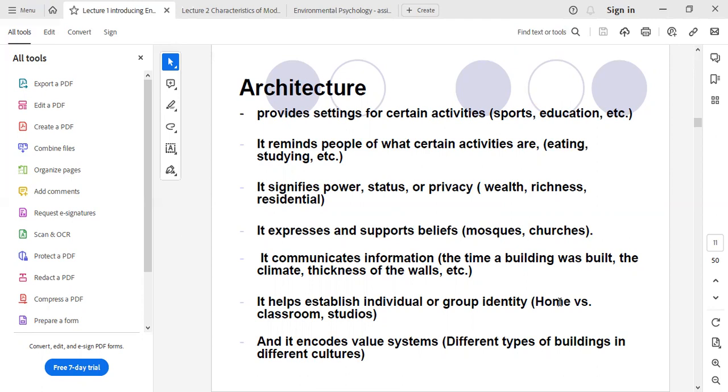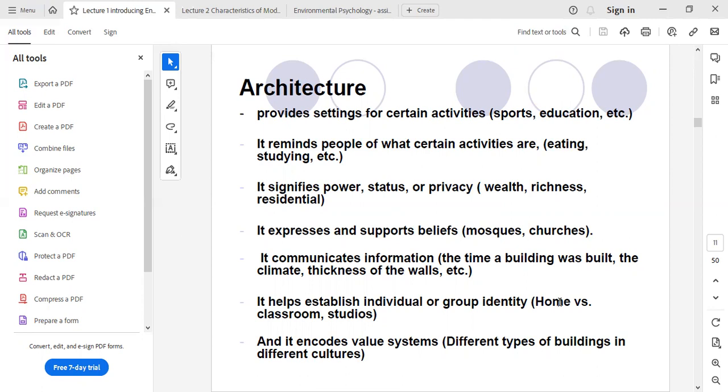It reminds people of what certain activities are. It creates a place for you to hold a class, for example. It reminds you what activities you are supposed to carry out here. It also signifies power, status, or privacy.